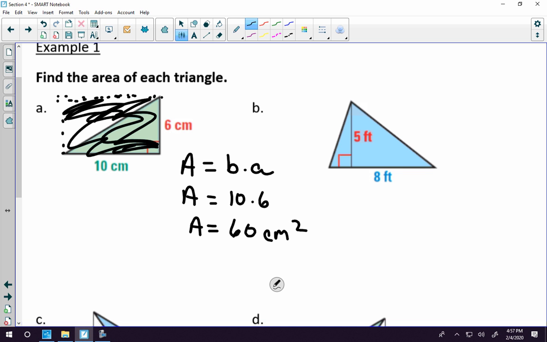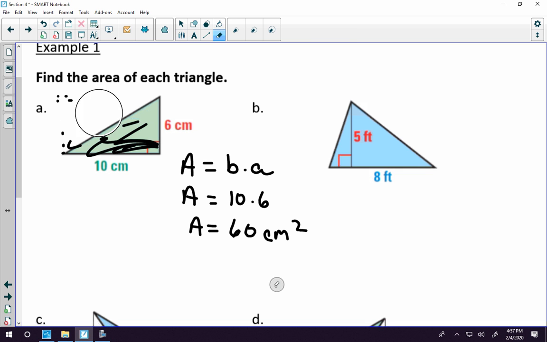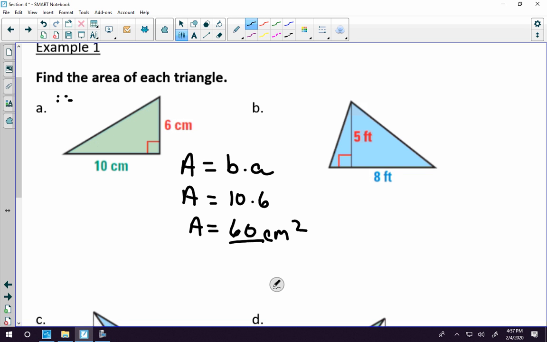But we're not trying to find the area of the rectangle I just created. We're trying to find the area of this triangle, which is half of our answer. So we take 60 and divide by 2, which is 30. So the area of this triangle is 30 square centimeters, because half of 60 is 30.